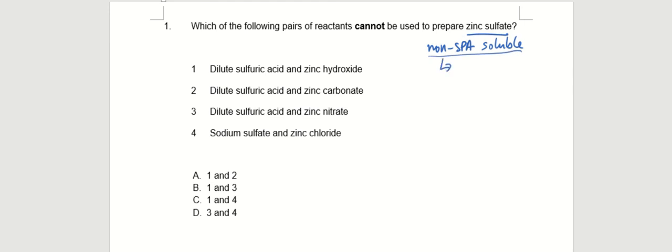And we know to make a non-spa soluble salt, we would use an acid plus an insoluble metal, base, or carbonate. Okay, so let's look at what options we have available for us. Option 1, dilute sulfuric acid and zinc hydroxide.